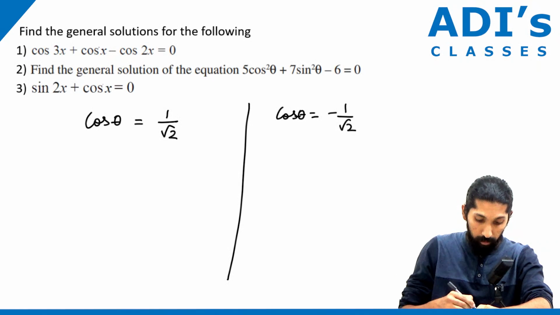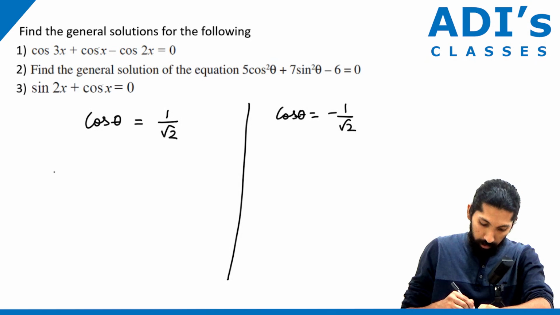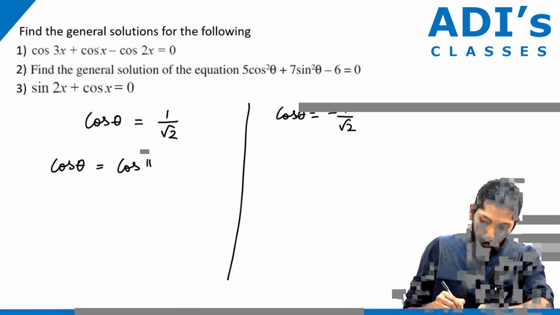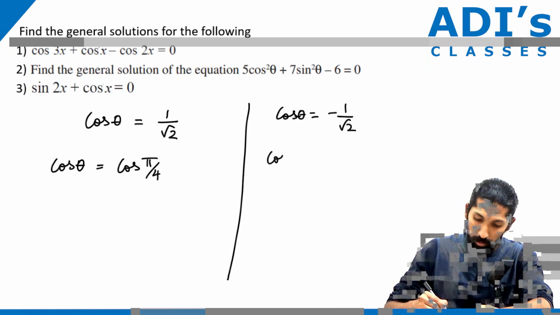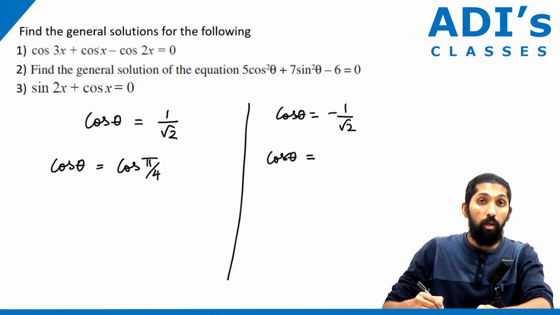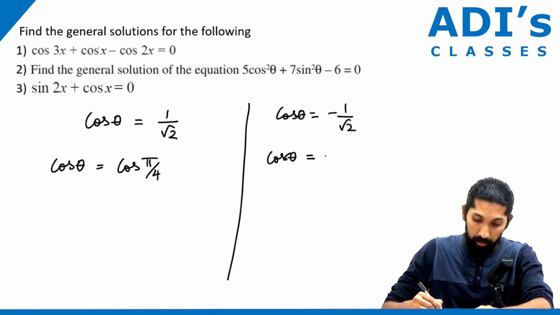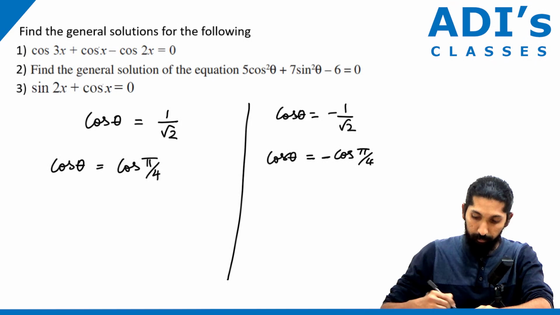Correct? Now, since we are looking at only the general solution, we can say cos theta is equal to cos of pi by 4. Correct? Here, cos theta is equal to, now since it's a negative case, we can write this as minus cos of pi by 4.